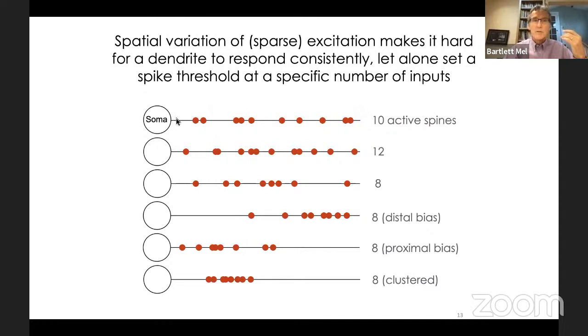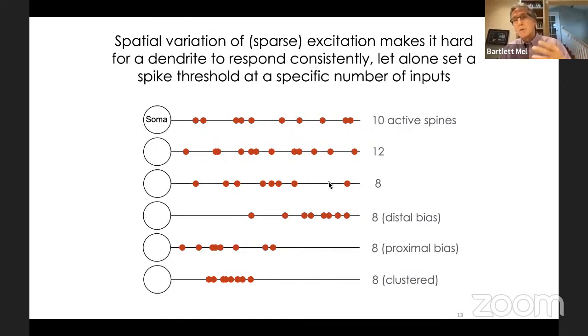It's like a binomial process where every synapse just flips a coin and it fires or it doesn't fire. And here we get an average number of spines activated at these locations. But of course, there can be a variation in how many. If you play patterns over and over again, sometimes you're going to get more synapses activated, sometimes you're going to get fewer synapses activated.